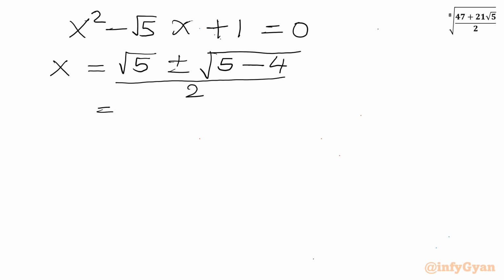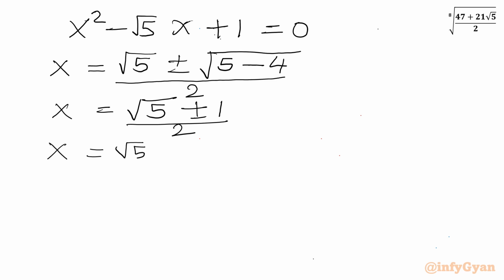So this value will be root 5 plus minus square root 1 is 1, over 2. So two values we are getting. Let me write here root 5 plus 1 over 2, root 5 minus 1 over 2. Now you can see both values are positive.